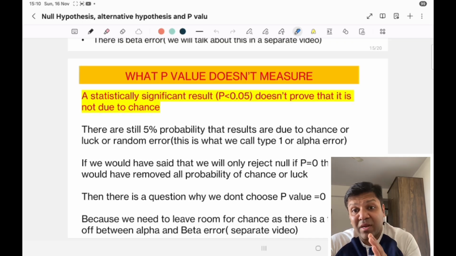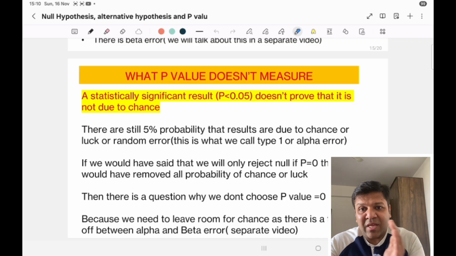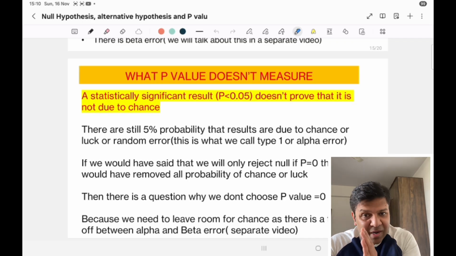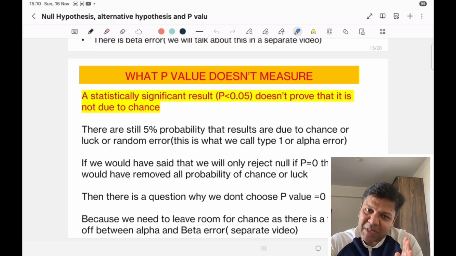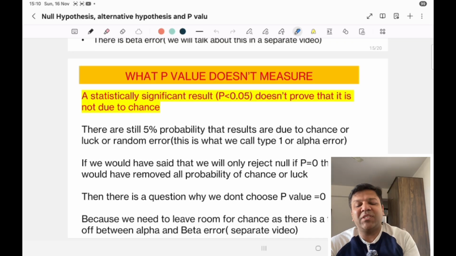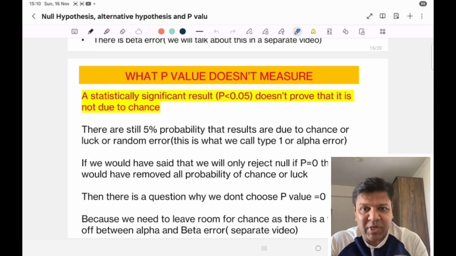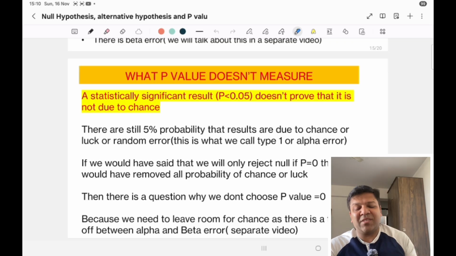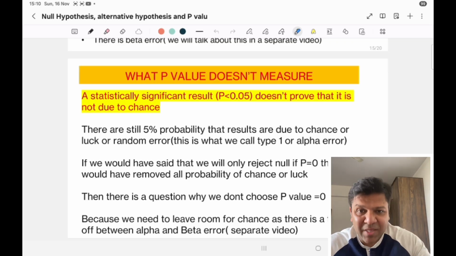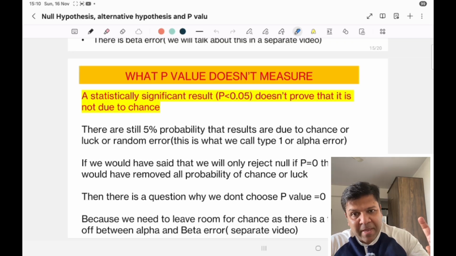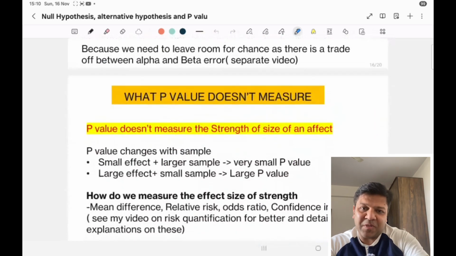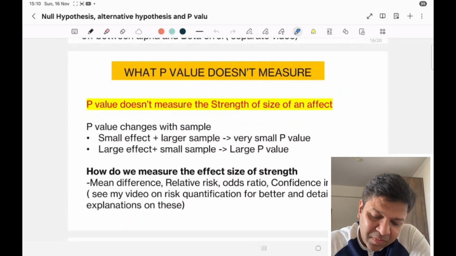The lower the p-value, the lesser are the chances that the data is purely by chance. Less than 5% means there are less than 5% chances that it is due to pure chance. But still there can be a chance. If you conduct the study a million times, then 5% of the times it can be purely due to chance. So that is what I mean to say. I hope this is clear.